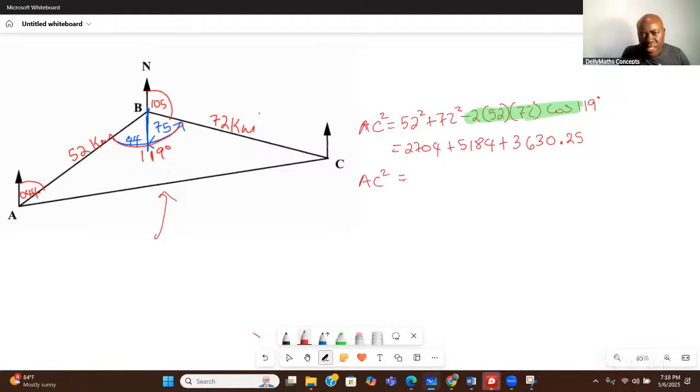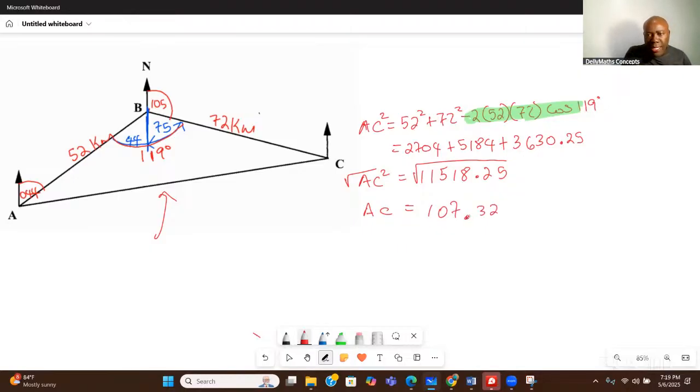AC squared is equal to 2,704 plus 5,184 plus 3630.25, and this is equal to 11,518.25. Then you have to take the square root of both sides to find your AC. Square root of this, and we're looking at 107, right?